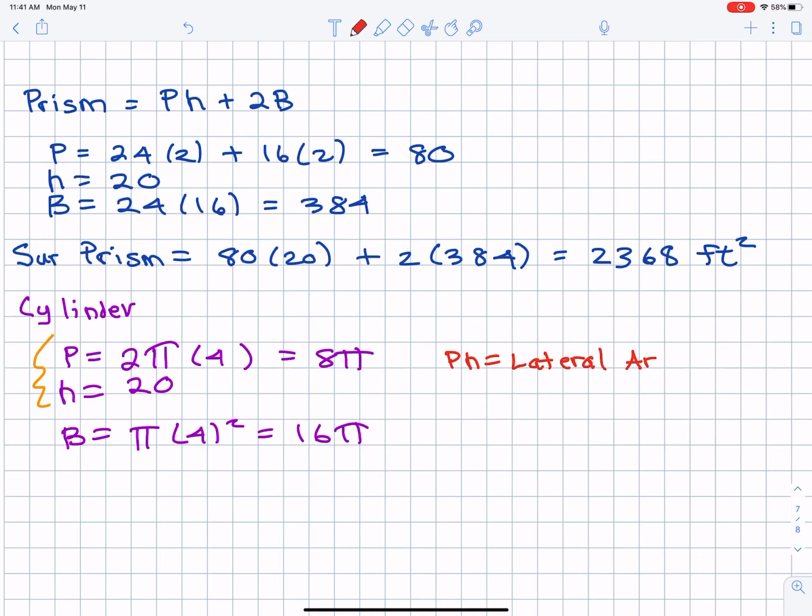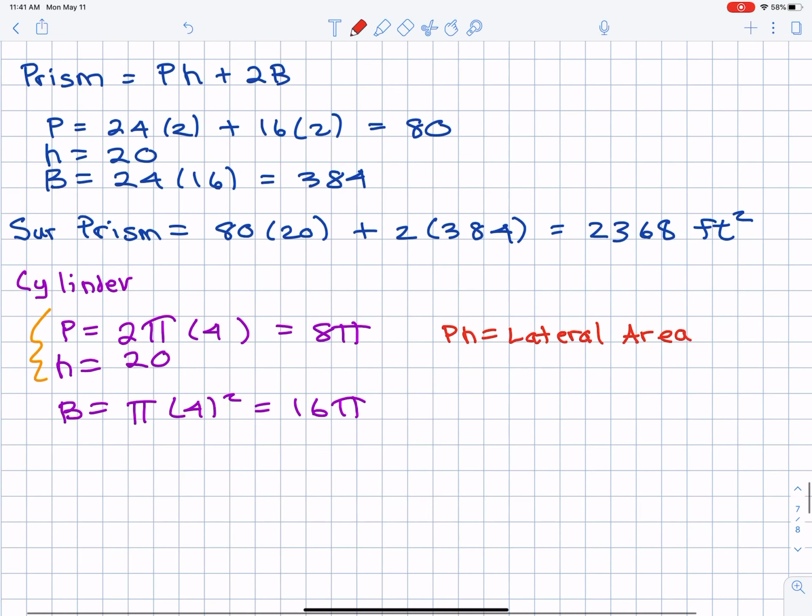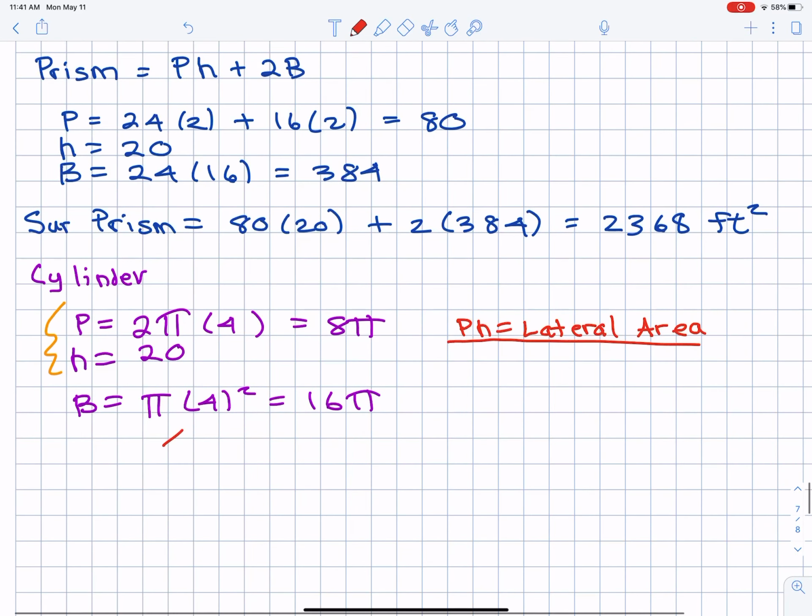And we want to add that to our prism. But remember, the bases are the holes in the box, and we want to remove them. So if these things are added, then this right here is going to be subtracted from our total surface area. Okay?